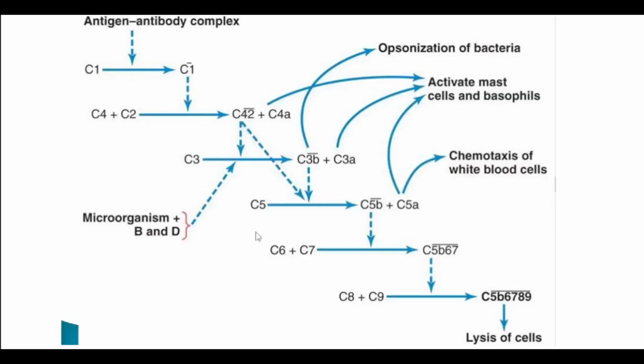So this is the cascade of reactions in the classic pathway, and for that we need antigen-antibody binding, because it results in uncovering of an active site meant for binding to the C1 component of the complement system.